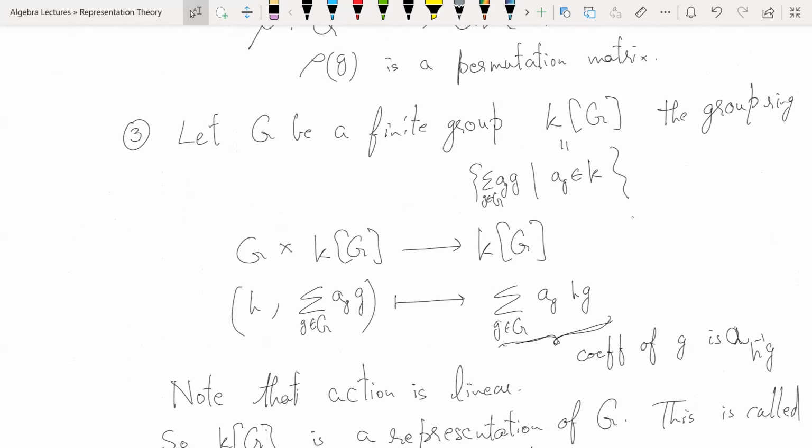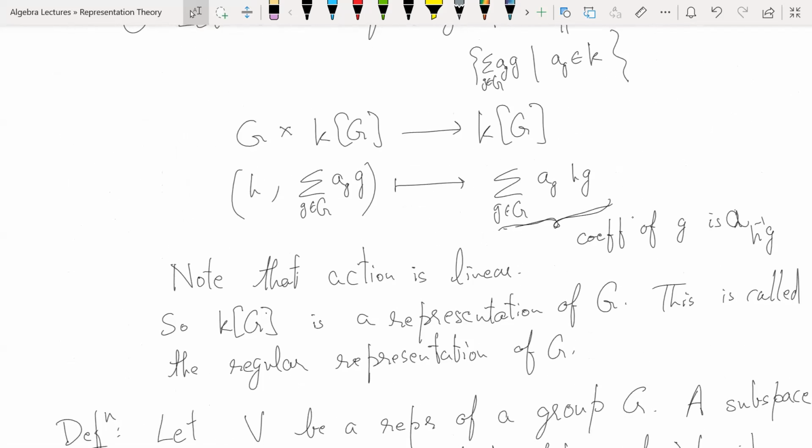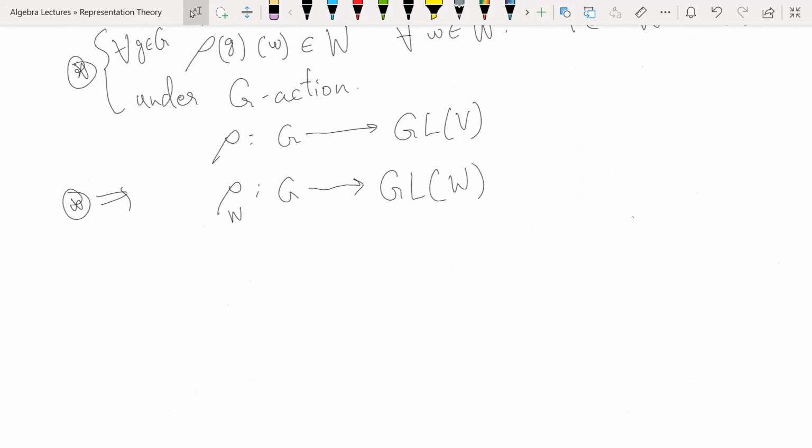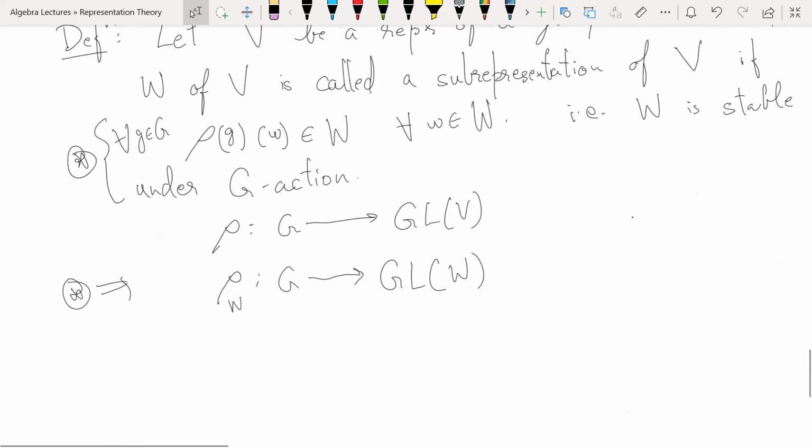You mean K times E? That is not true, because E will be sent to G when you multiply. H times 1 times E will go to H, so the action is non-trivial. The subspace generated by summation G's. Yeah, exactly. Summation G's.